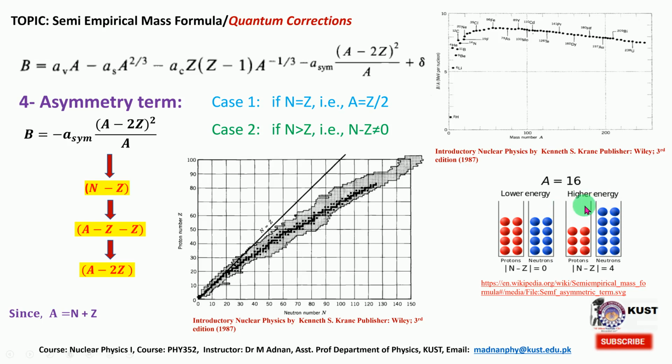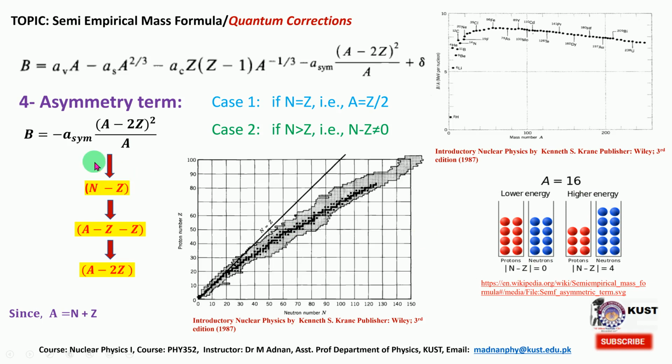Once the system has a large number of nucleons, the shell energy differences are not that much. So once we are talking about a large system, the binding energy will decrease with respect to that asymmetry in number. Remember.